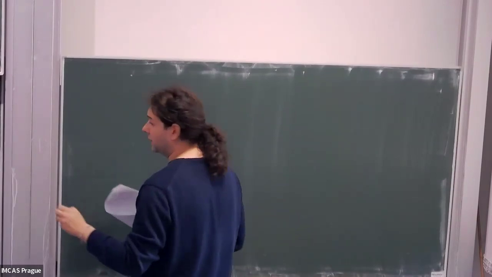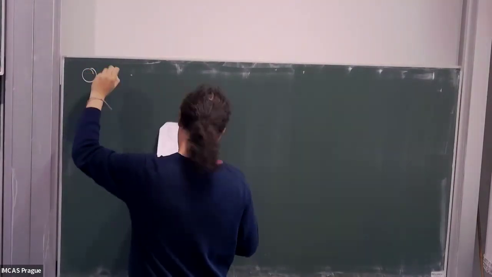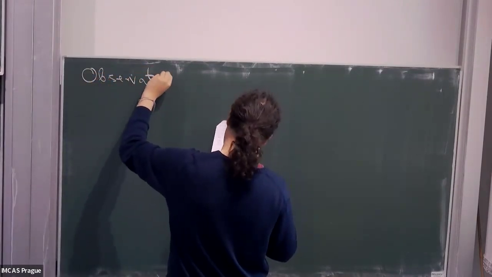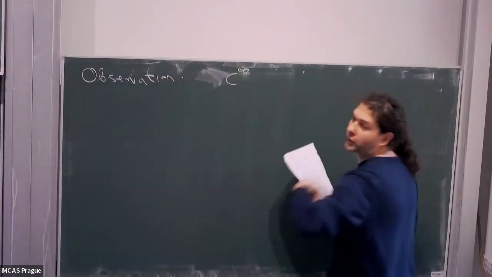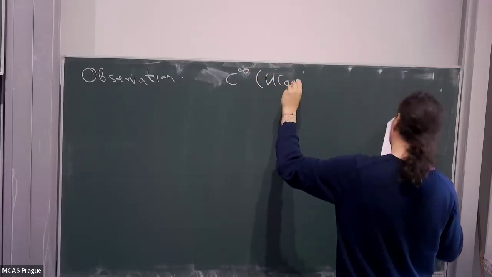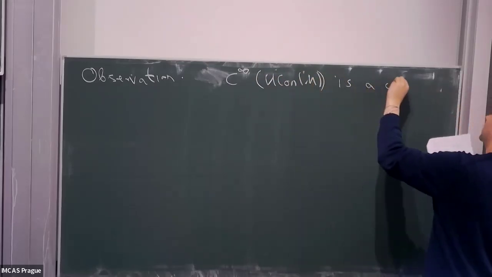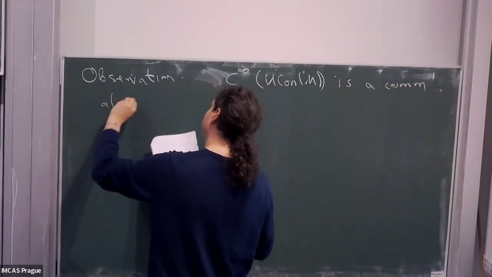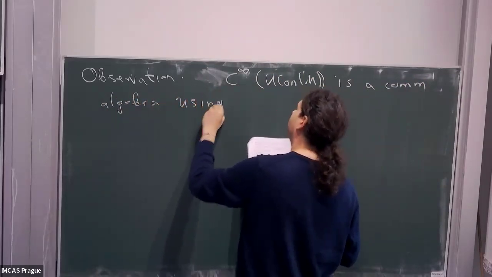So maybe one observation already now. The space of smooth functions or continuous functions or whatever functions on the unordered configuration space of M is a commutative algebra using the shuffle product.